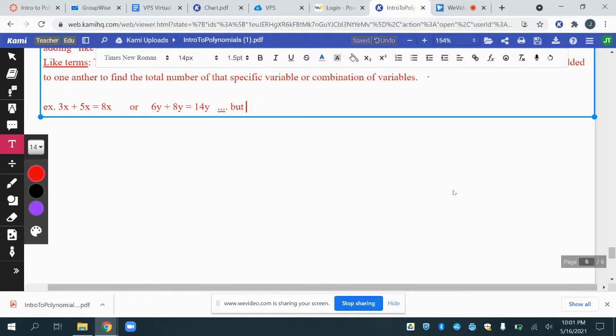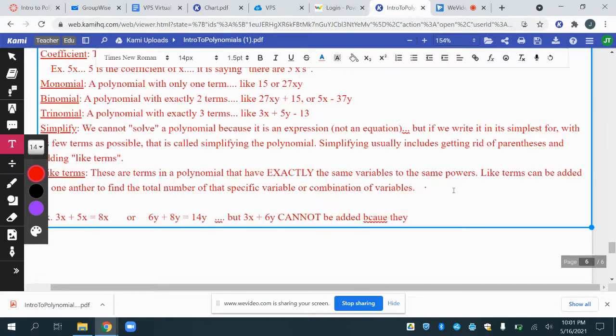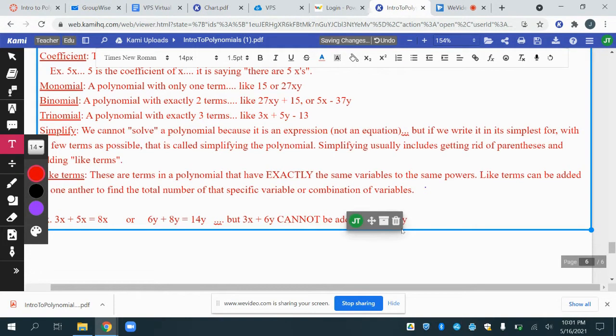But 3x plus 6y cannot be added because the terms are not like terms.